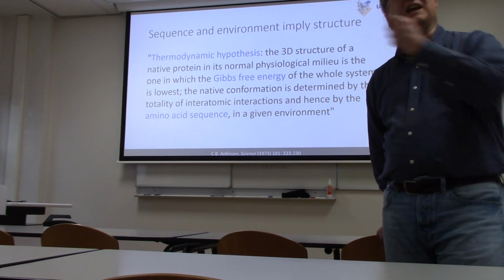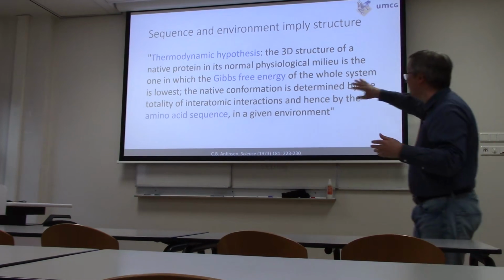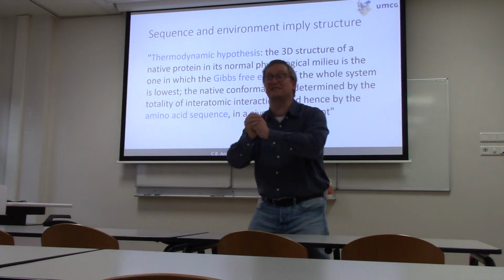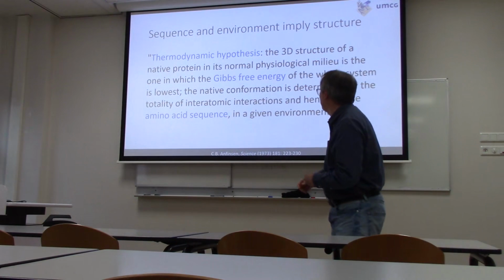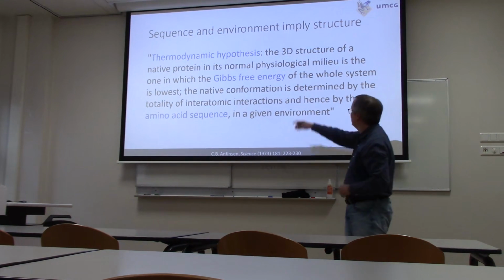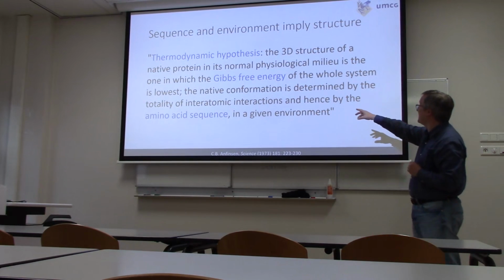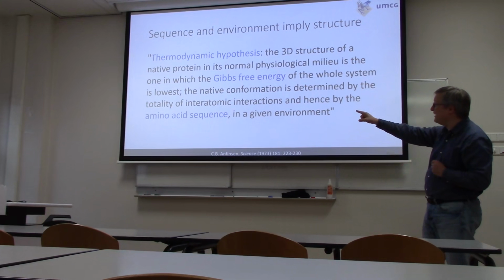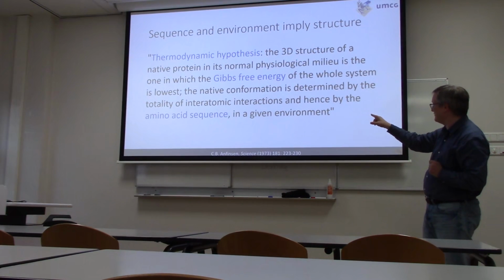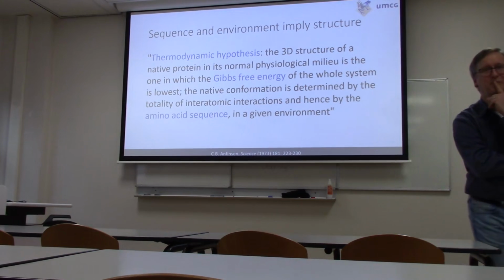You might kick up the temperature, you might alter its pH away from the normal physiological milieu, and suddenly you have a very different structure at play. So at rest, this protein takes on this conformation, and then the native conformation is determined by the totality of interatomic interactions, and hence by the amino acid sequence in a given environment.